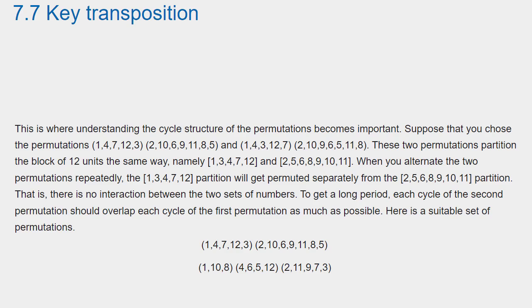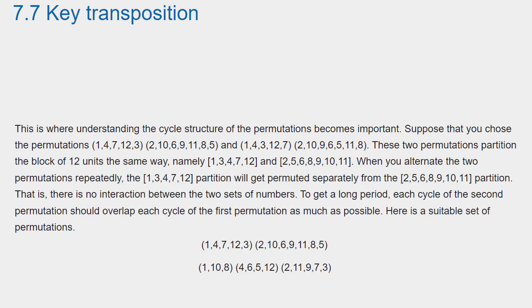When you alternate the two permutations repeatedly, the first partition will get permuted separately from the second partition. That is, there is no interaction between the two sets of numbers.